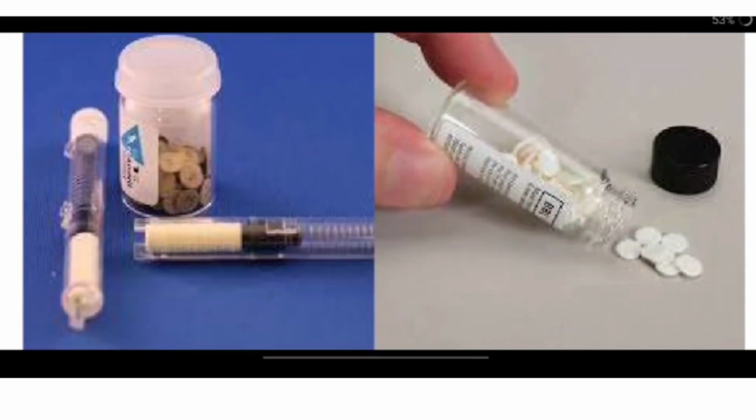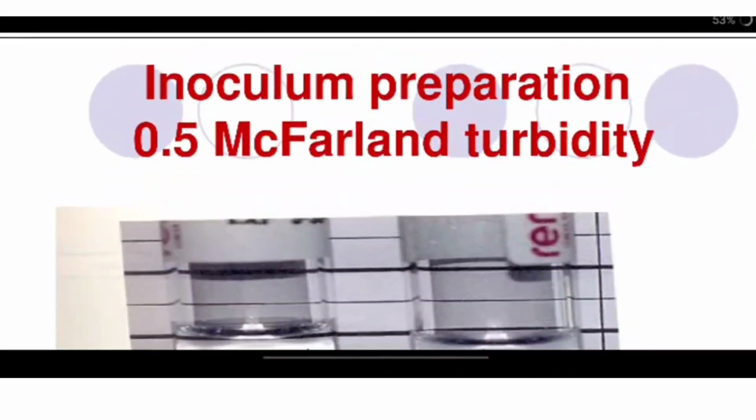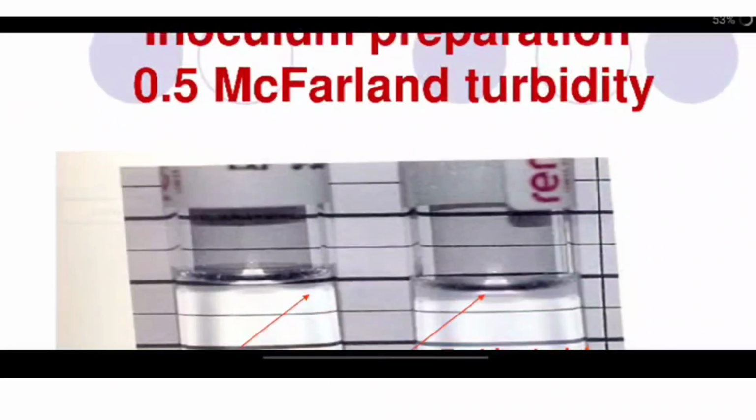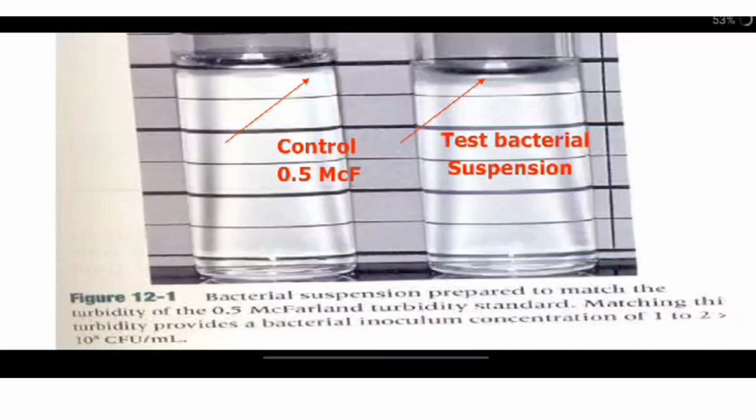These are the filter paper discs which are put on the Mueller-Hinton agar plate for testing AST. This is the 0.5 McFarland turbidity suspension. So this is the control, meaning we get already prepared 0.5 McFarland turbidity, and we will match this by inoculating the bacteria into the suspension and compare it with the turbidity standard.